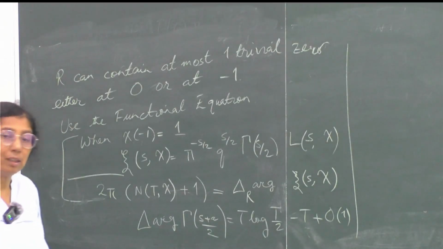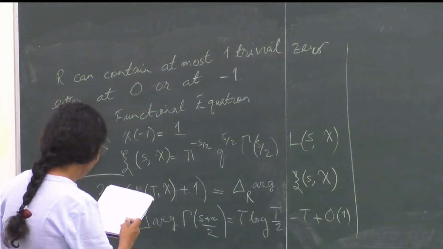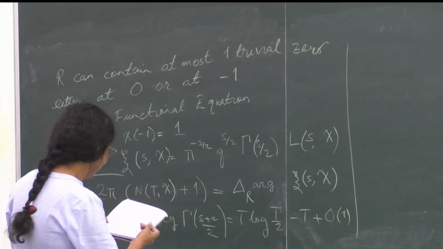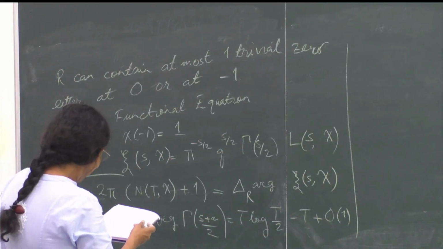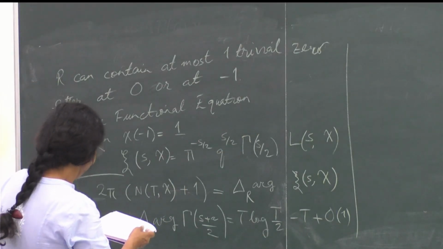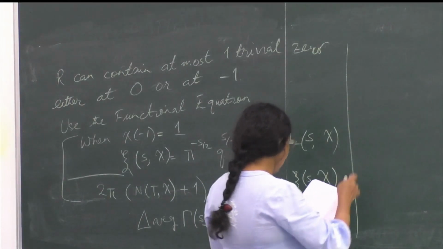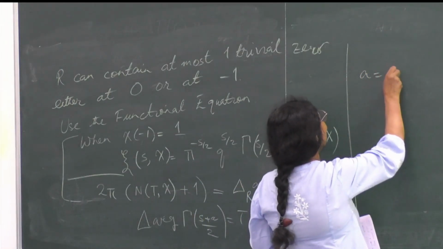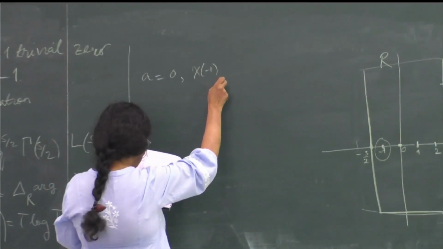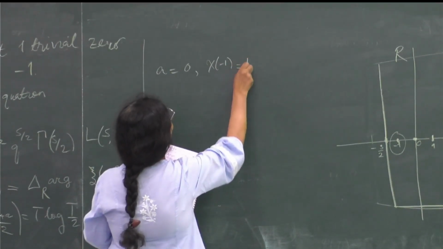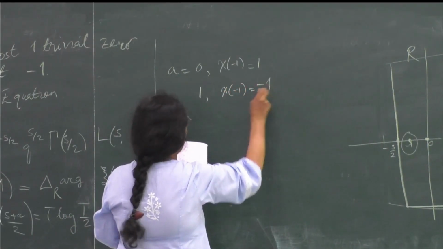Yeah? Delta is the contour of that rectangle, okay? And this little a is either 0 or 1. A is 0 if chi of minus 1 is 1, and it's 1 if chi of minus 1 is equal to minus 1.